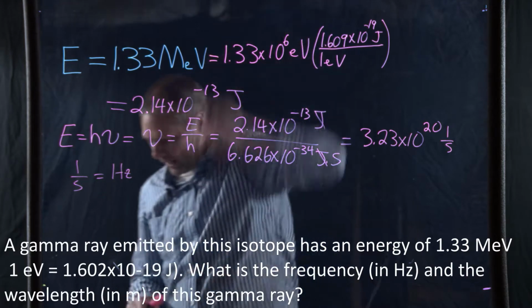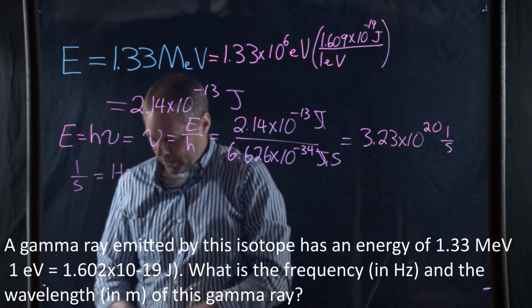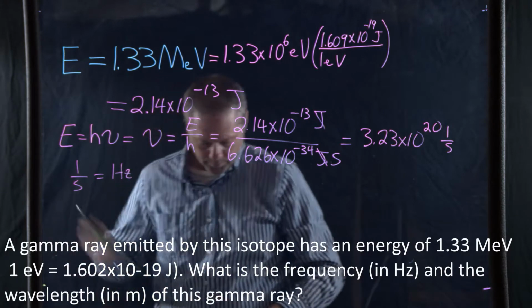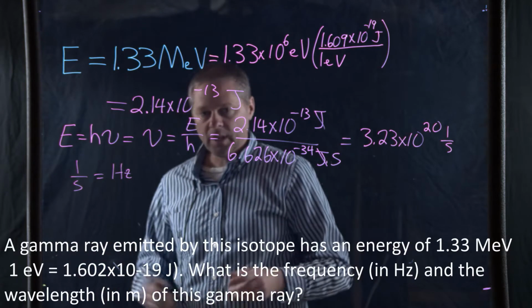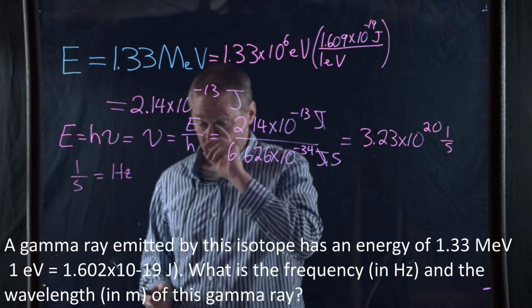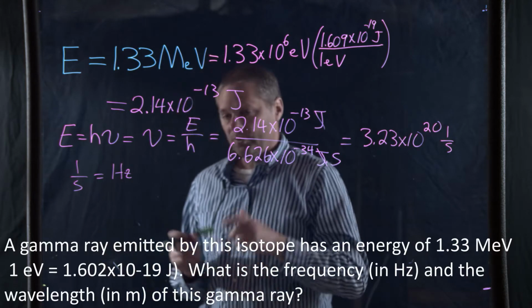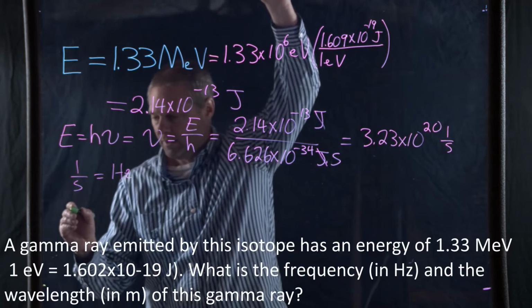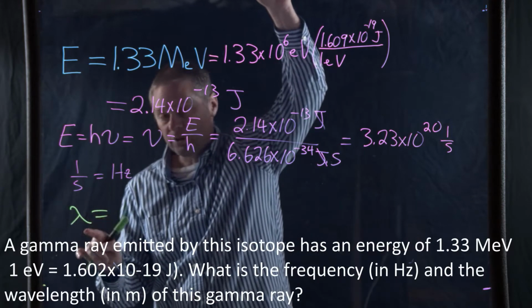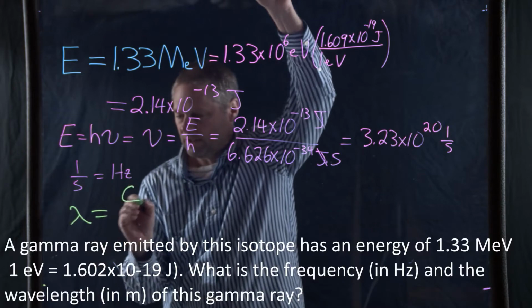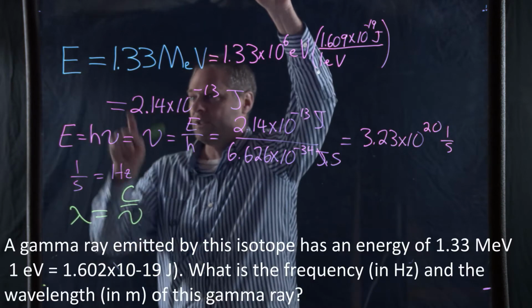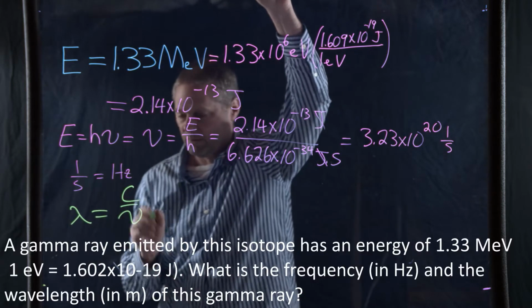Now the last one states we need to find the wavelength. Well, what's nu? It's going to be c over lambda. And so if nu is equal to c over lambda, then lambda, which is the wavelength, is equal to c over frequency. The symbol here is our frequency.